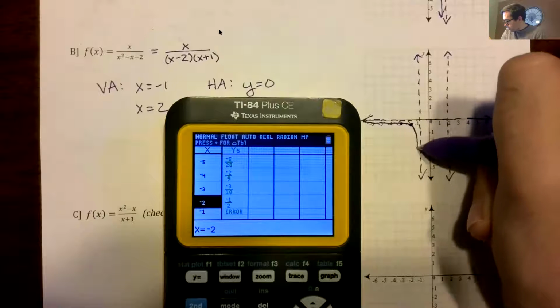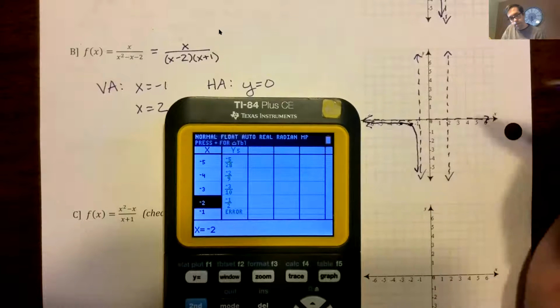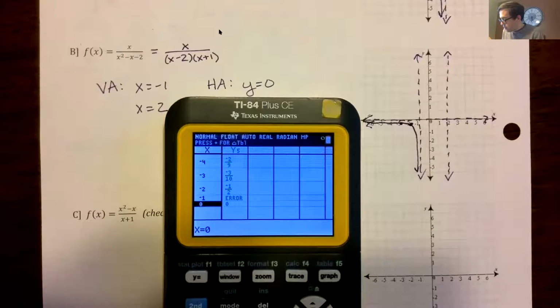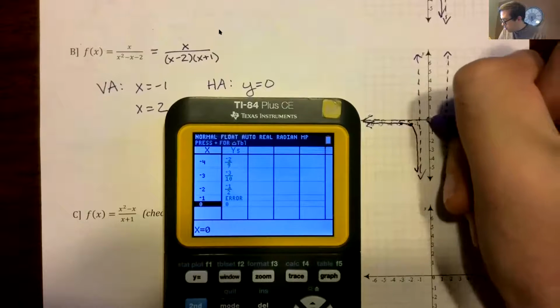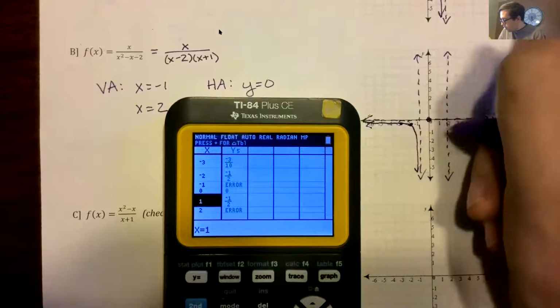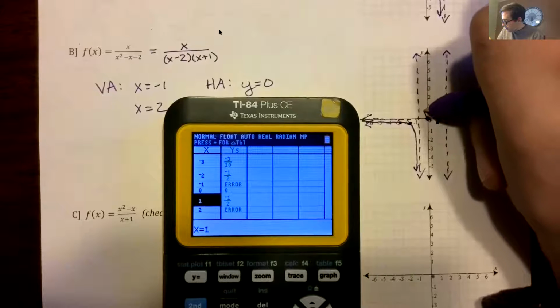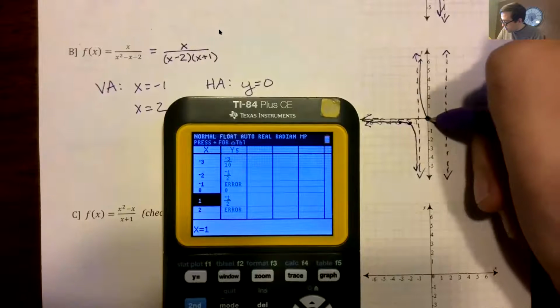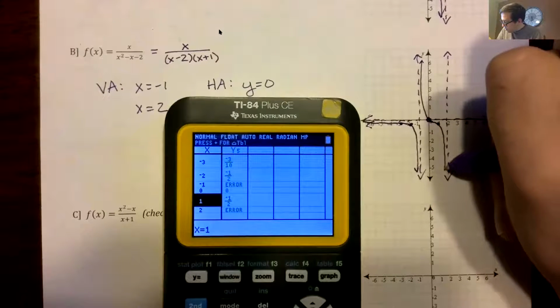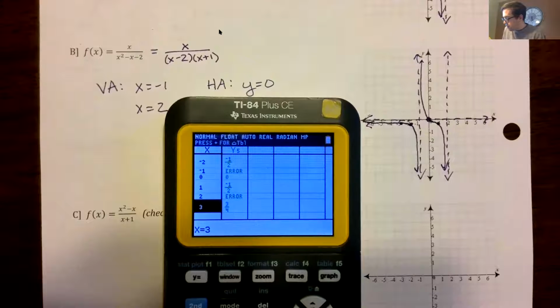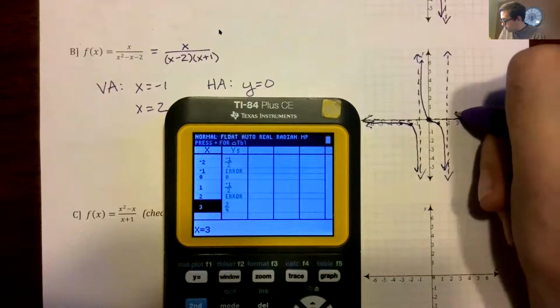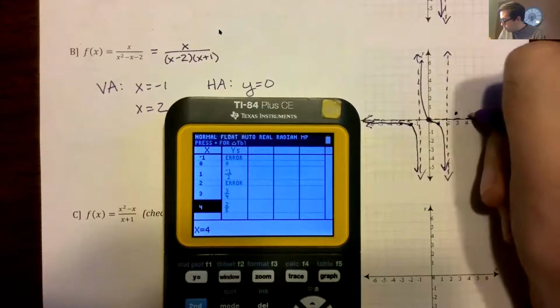And then we know that's curving down like this. In the middle here, we have 0, 0, and 1, -1/2. And that was doing something like this. And on the right over here, we got 3, 3/4, and 4, 2/5.